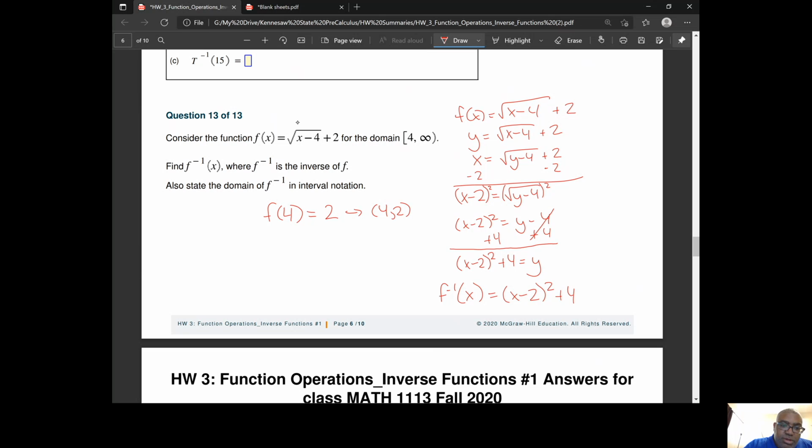All right, so f inverse of 2 is equal to 4. It'll be the point 2, 4. This is my minimum value. So although this function technically does not have a minimum value, the inverse of this function does have a minimum value. So my interval becomes from 2 to infinity.